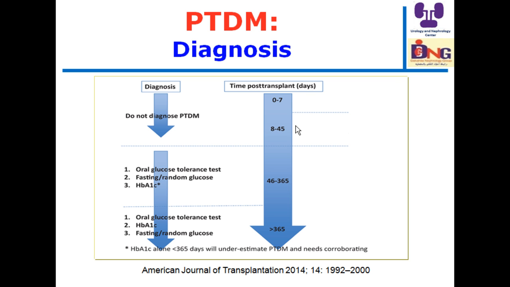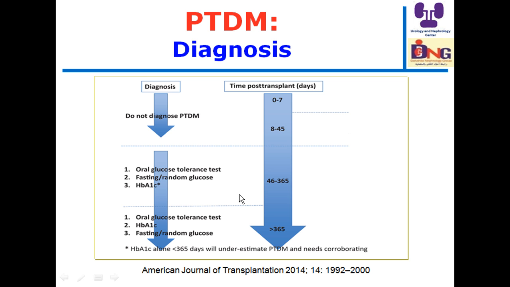But if it occurs beyond this zone of time and it persists, it is post-transplant diabetes. If we want to diagnose the post-transplant diabetes in this period of time, it's better to use oral glucose tolerance test, fasting and random glucose, and hemoglobin A1C.